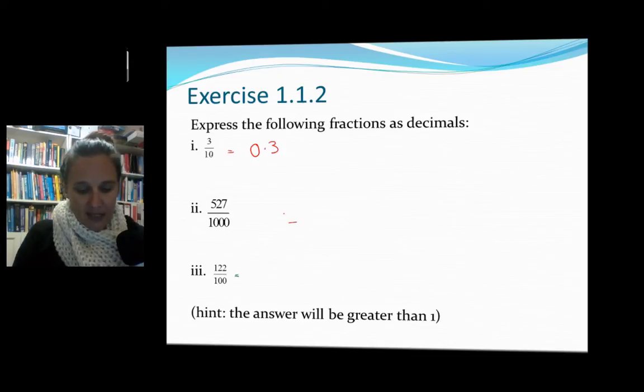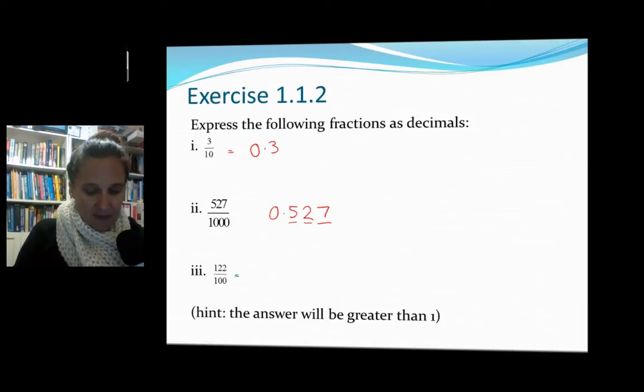We've got our tenths, our hundredths and our thousandths. So it's 527 in our thousandths position. What we do is we start with that 7 in the thousandths. Then the 2 goes into the hundredths and the 5 into the tenths. So here we have 0.527.